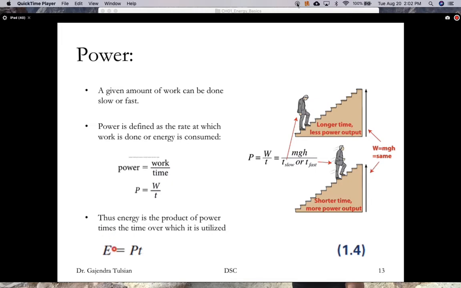So power is work over time, or energy over time, and the energy needed is power times time. For instance, your electricity bill: the electric company charges you for the total energy you use. They don't care about the power rate. So your electric bill is for the total energy used, which is power times time.